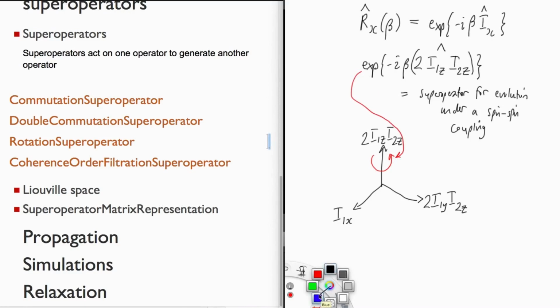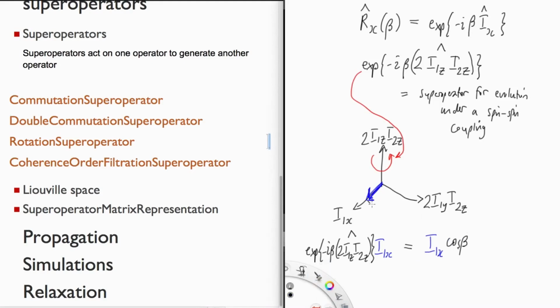So we would expect, for example, that if I start with a density operator component I1x, and apply this superoperator here, that I should get I1x cosine beta, because this thing will get rotated in this direction and eventually makes an angle beta here, and 2I1y I2z sine beta.